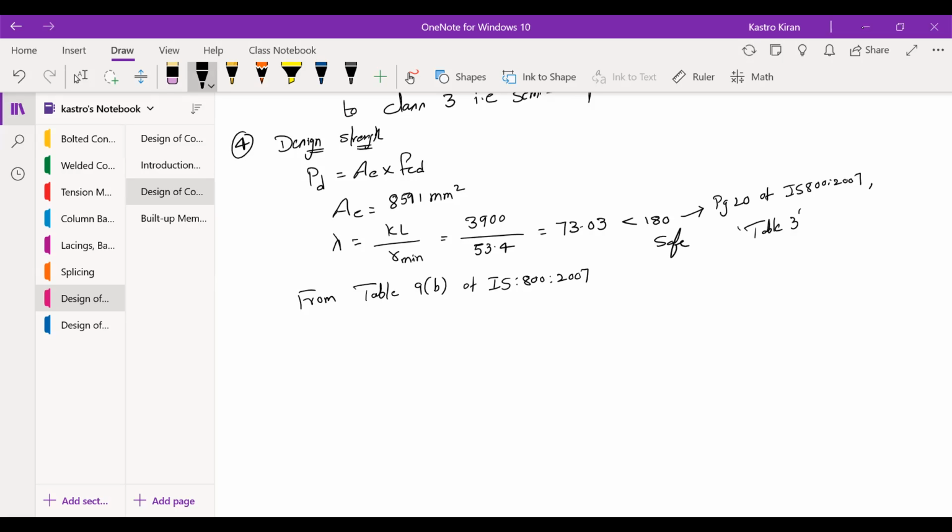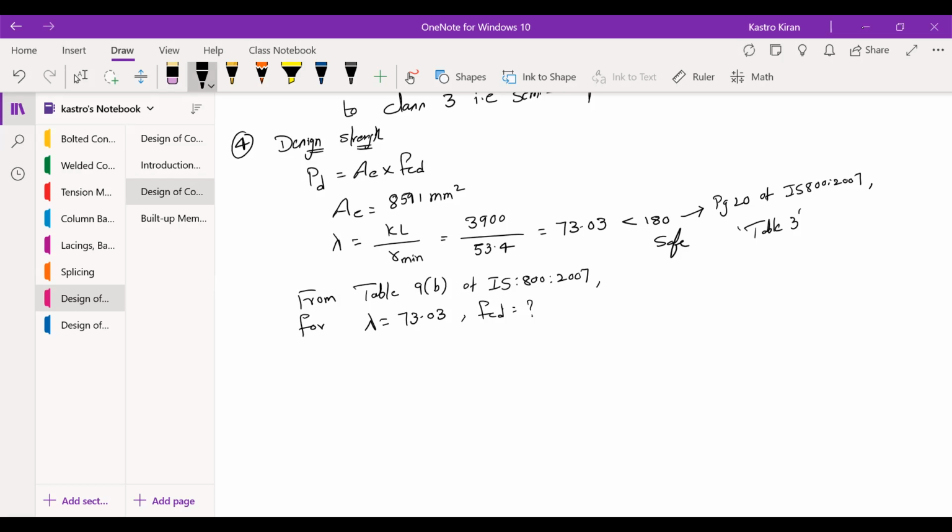So from table 9B of IS 800-2007, you have to find out the value of FCD when lambda equals 73.03. Okay, you have to find out the value of FCD when lambda equals 73.03.